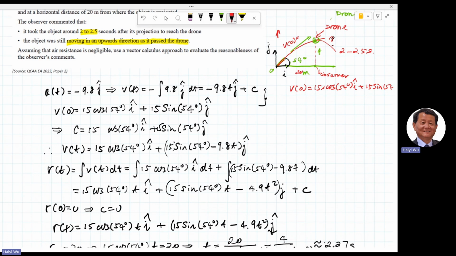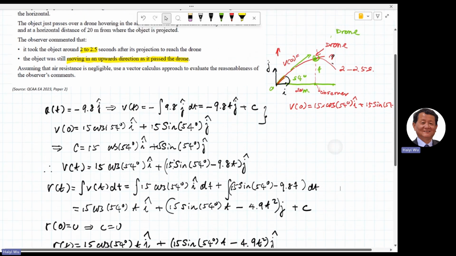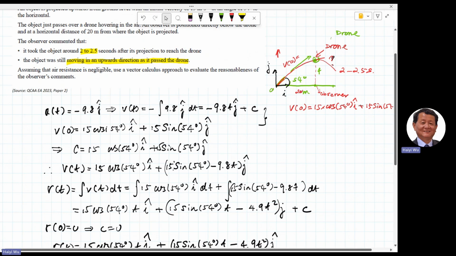First of all, I'm going to use vector calculus to find a couple of things. First we need a position vector, which is called r(t). We don't know it yet, so we need v(t) first. We don't know the velocity vector either, so we first need to find the acceleration vector.